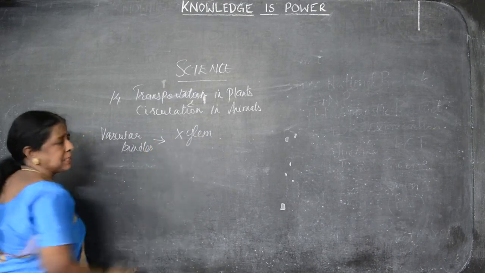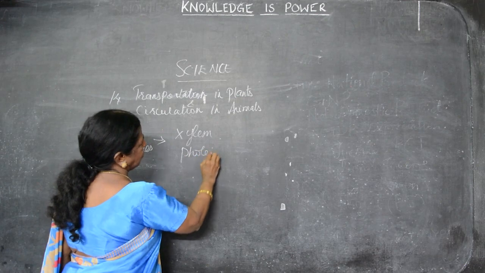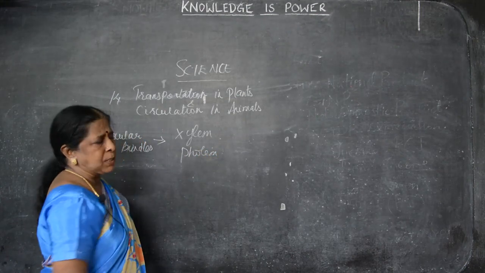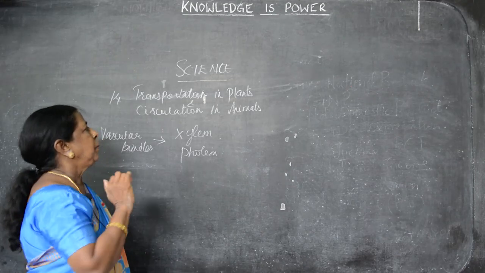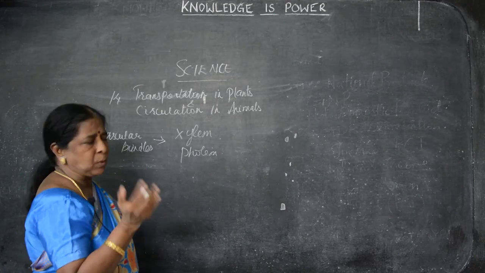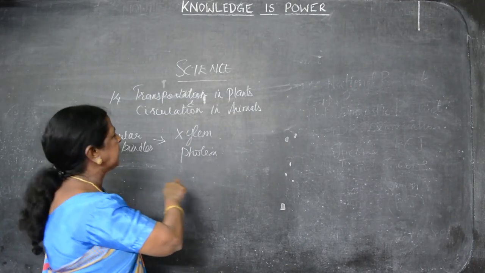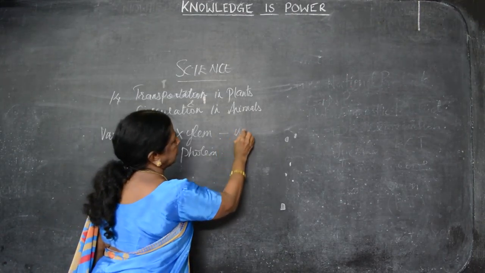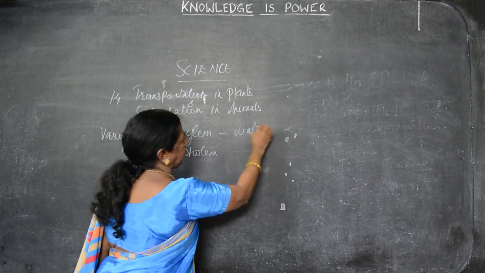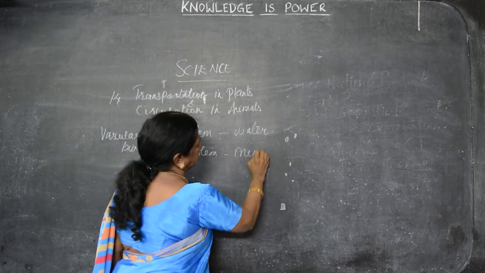In animals we have the circulatory system, with blood vessels, arteries, veins, capillaries, etc. But in plants, instead of a circulatory system, we have vascular bundles. In the vascular bundles we can see xylem and phloem. Xylem conducts water from the root to the other parts of the plant. Phloem conducts the food.